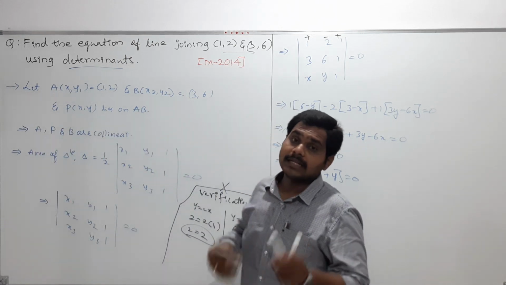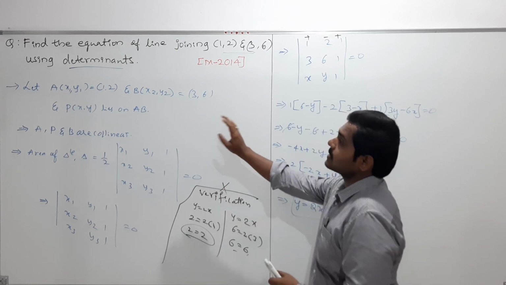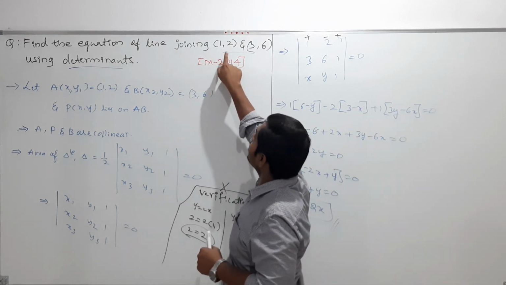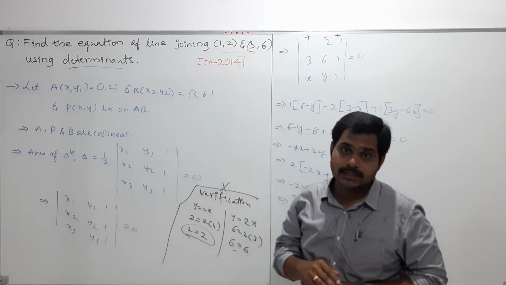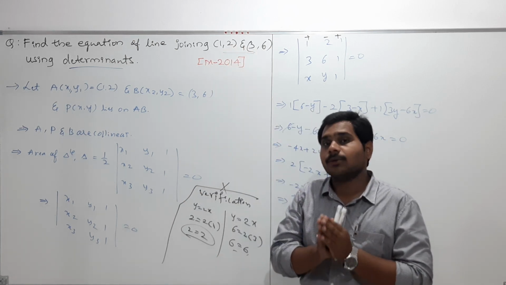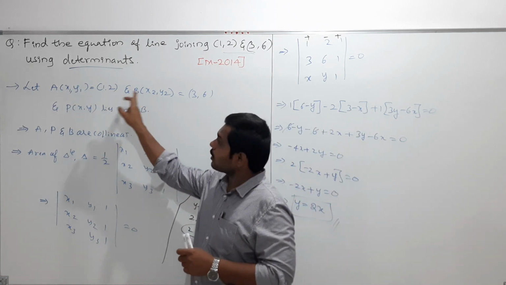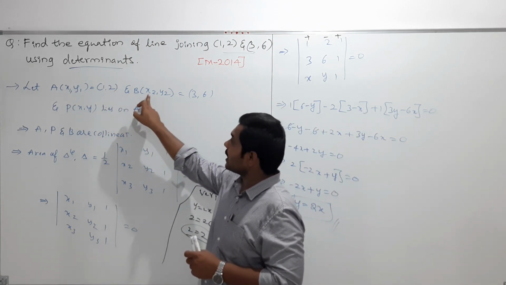So my dear students, please remember the only concept in this type of questions, finding the equation of the line joining 2 points. If they give 2 points and ask you to find the equation of the line, you should consider the 2 points A of x1, y1 and B of x2, y2.